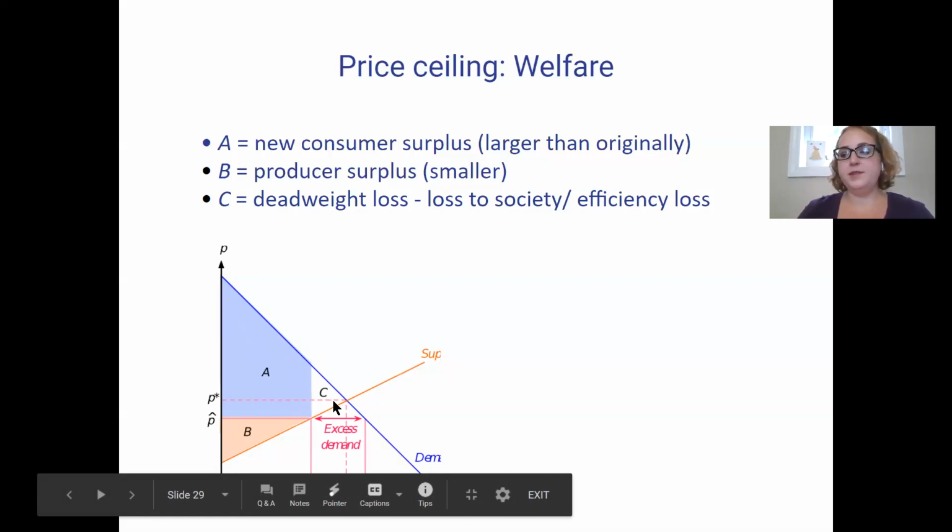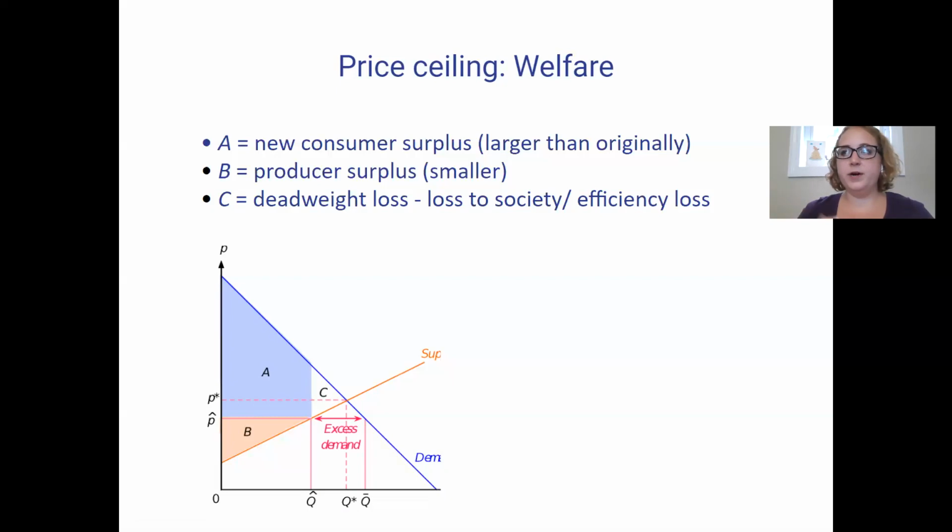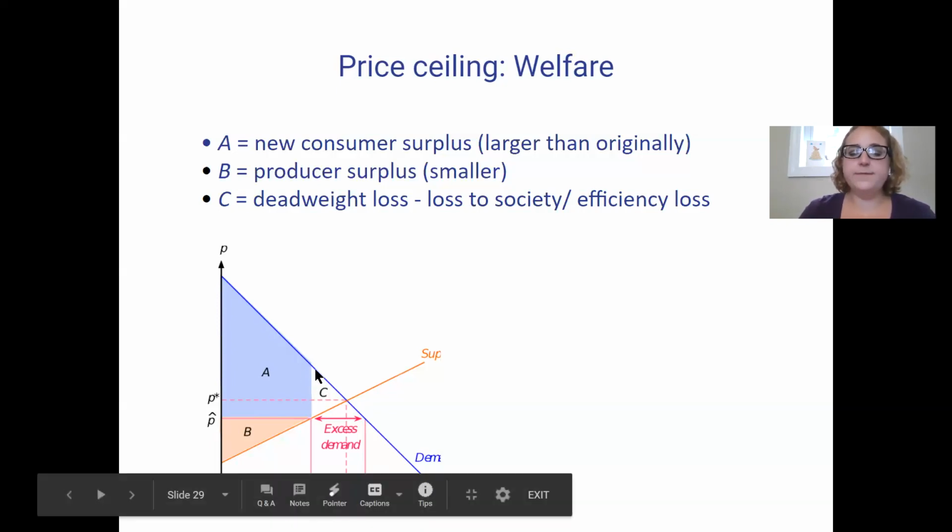If the price was still at equilibrium, they would have this benefit. But because the price is at a ceiling and they can't buy the item, their surplus goes away. They no longer have this extra benefit because they're not buying this item at all. So that's this top part from the consumer surplus.